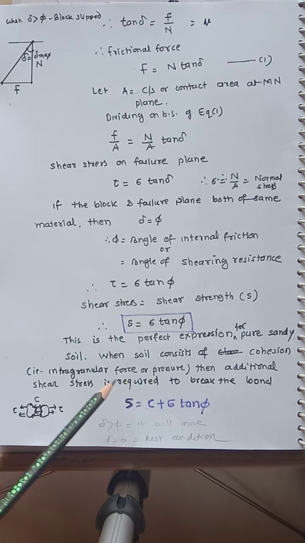So finally the expression is S is equal to C plus sigma tan phi. That is, tau is equal to S is equal to C, cohesion, plus sigma, normal stress, into tan phi. Phi is the angle of internal friction.